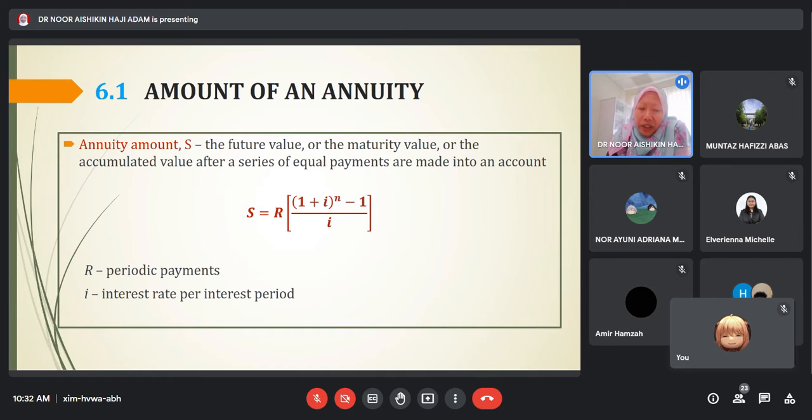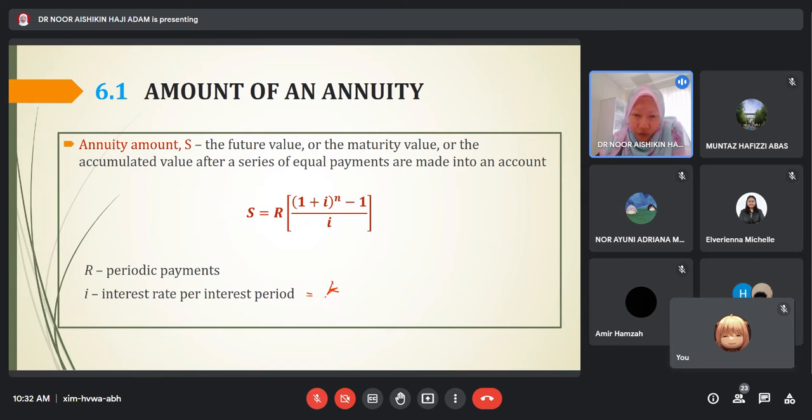I is interest rate per interest period. So macam hari tu, what is I? How do you get I? Apa per apa? Yeah. Formula dia apa?